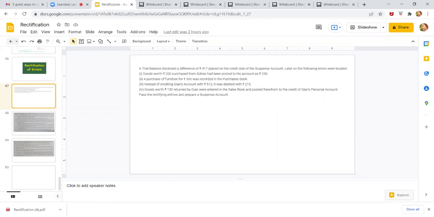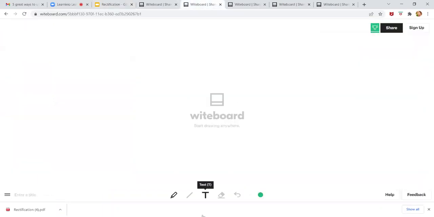Those errors are given as follows. First one is goods worth rupees 200 purchased from Sohan, then we have to prepare a rectifying journal entry.